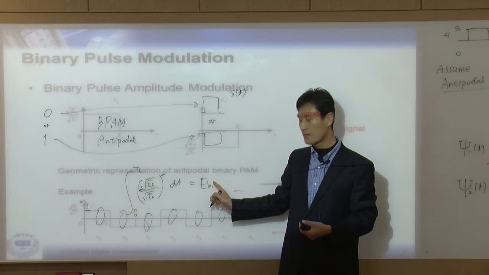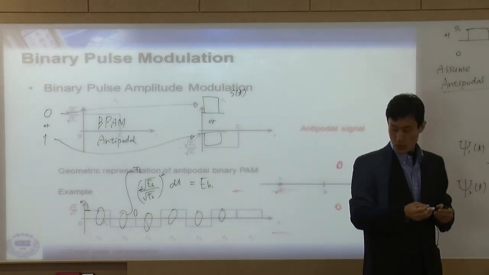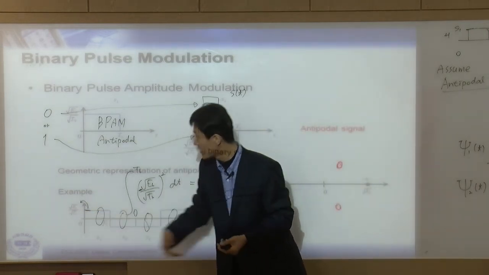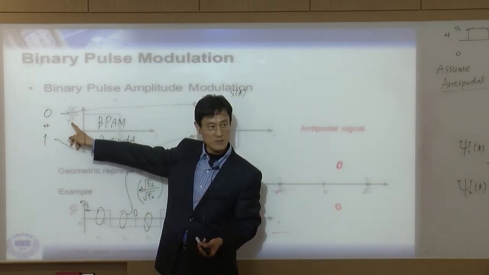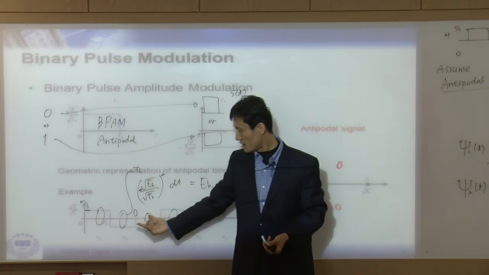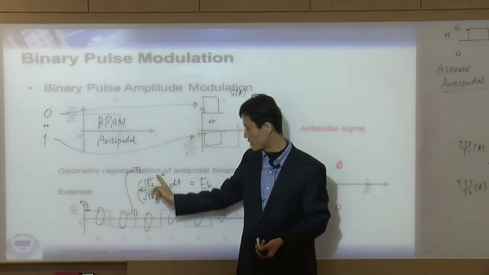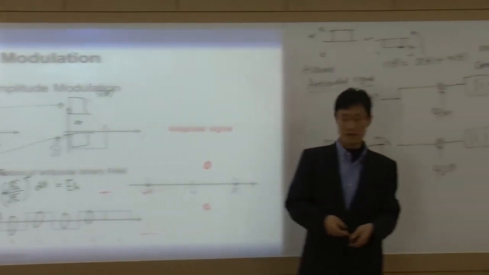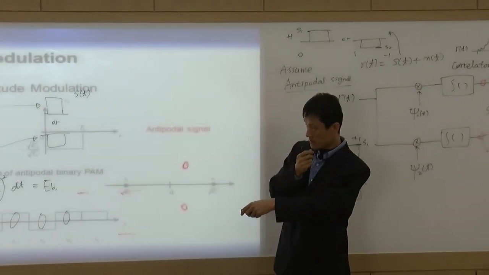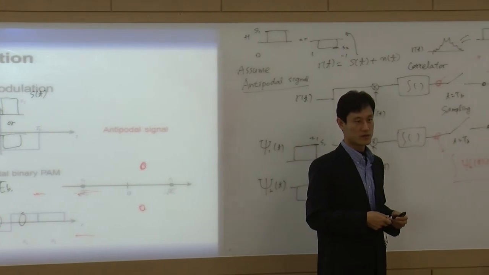Every bit has the same energy EB. That's why we have this level. Remember why we have root EB divided by root TB? That's because the bit duration is TB. This is how to calculate the energy in the bit. So that is the case of antipodal signal.